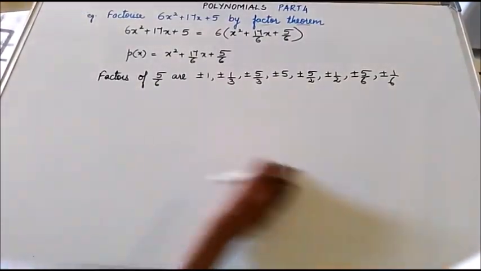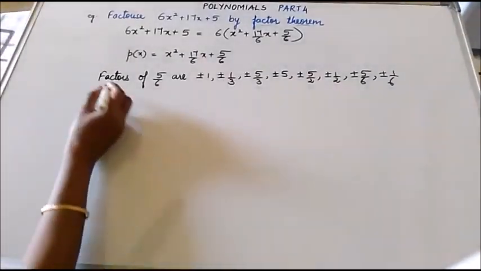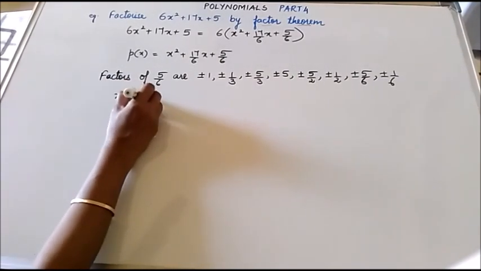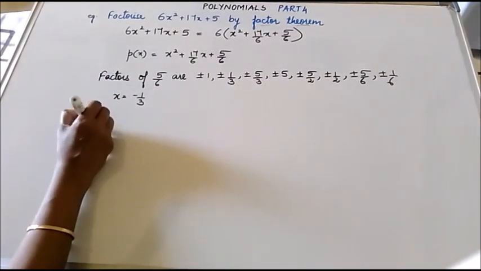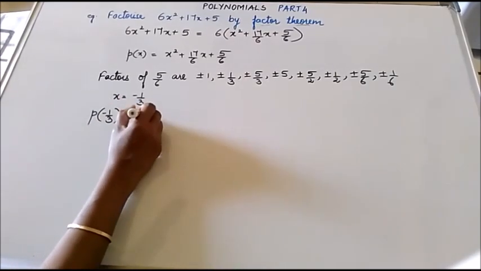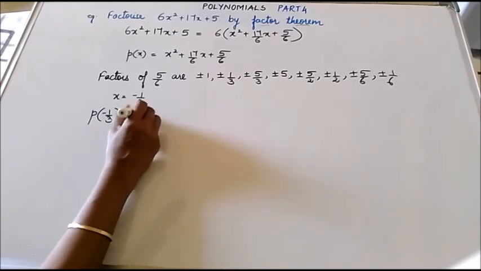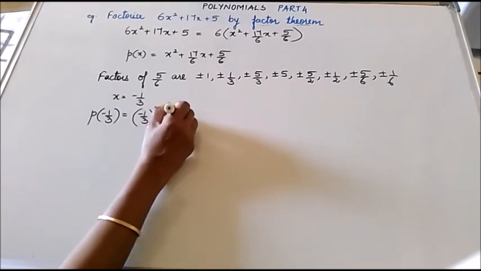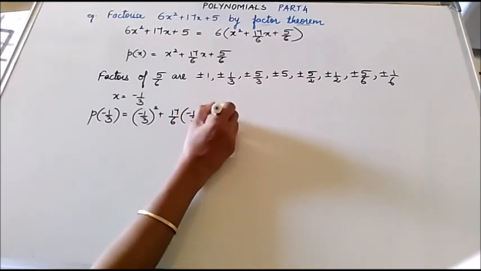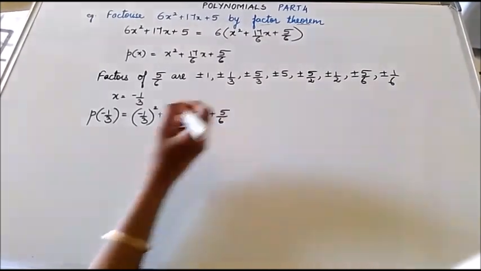Okay, now by trial, suppose we take x equal to minus 1 by 3. So you get here p of minus 1 by 3 is equal to minus 1 by 3 the whole square plus 17 by 6 into minus 1 by 3 plus 5 by 6.